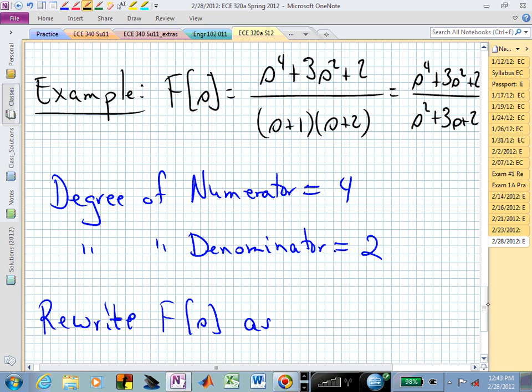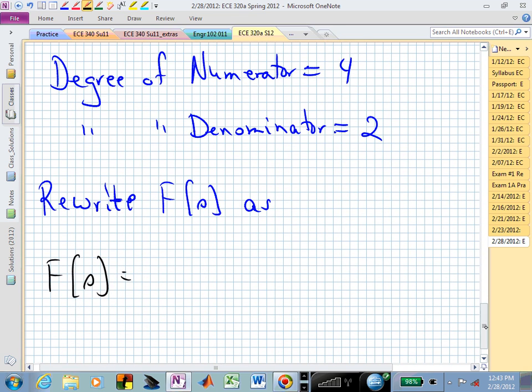Because the numerator exceeds the denominator by 2, so we expect to see something times s squared plus something else times s plus something, which is, we could say, a constant, or we could emphasize the fact that it's s to the 0, which is just a constant.